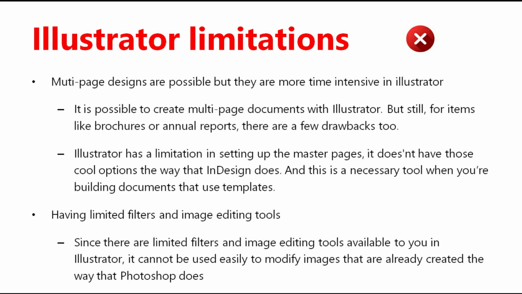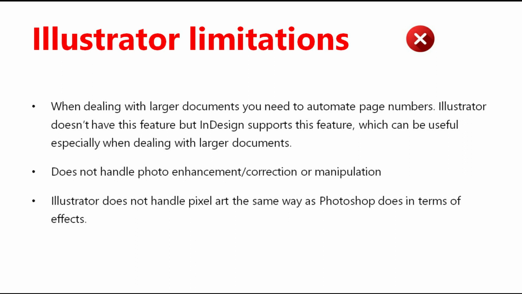Having limited filters and image editing tools. Since there are limited filters and image editing tools available to you in Illustrator, it cannot be used easily to modify images that are already created the way that Photoshop does. When dealing with larger documents, you need to automate page numbers.